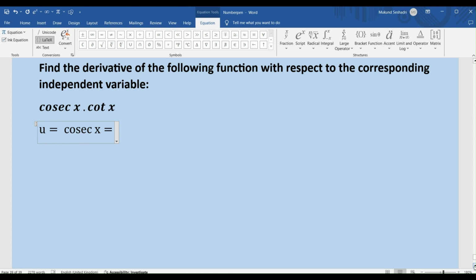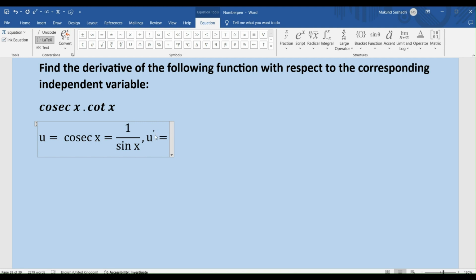For a change, I'm going to use first principles for cot x, and I'm going to use the quotient rule for cosecant x, right? And how do we use the quotient rule? Because we know what is d by dx of sine x, I can rewrite my cosecant x as 1 by sine x, right?